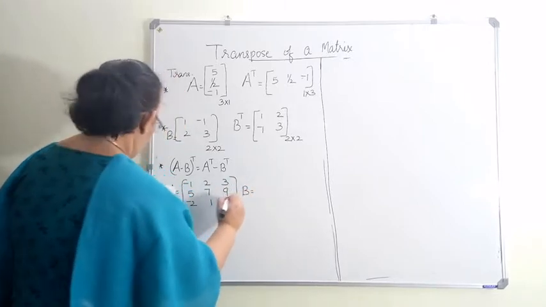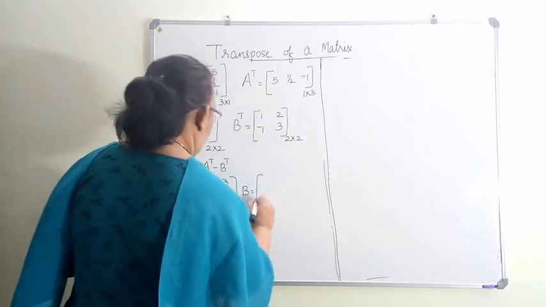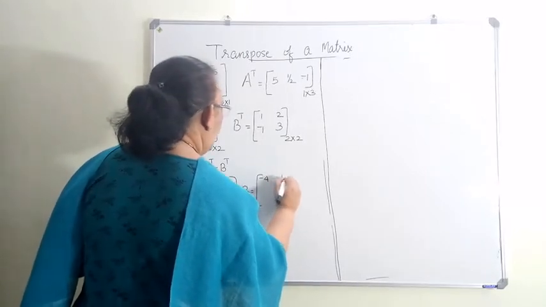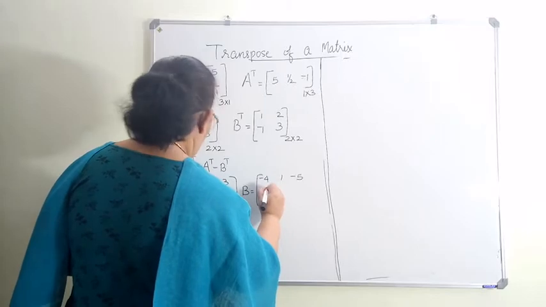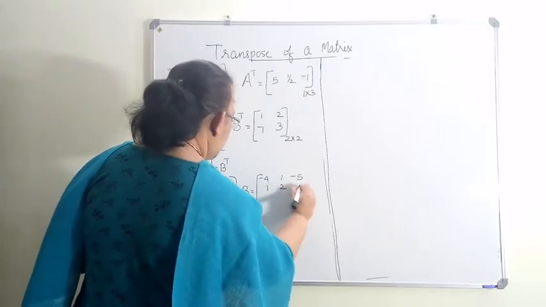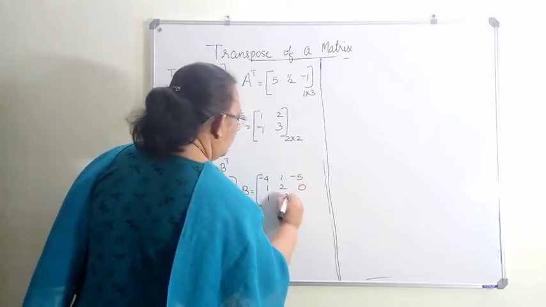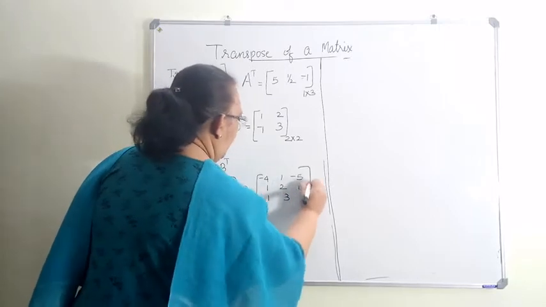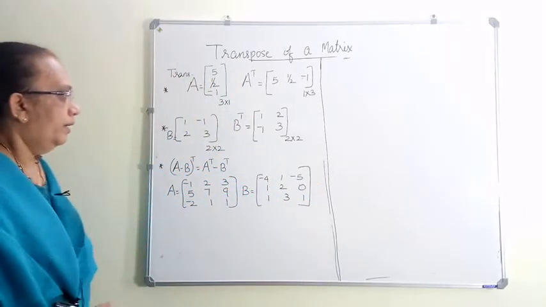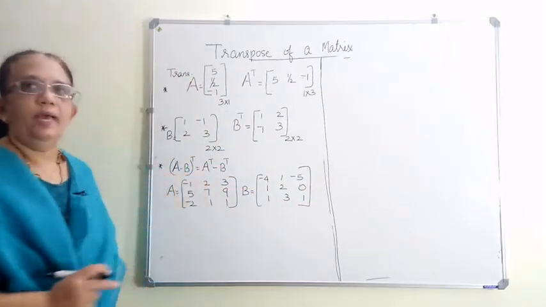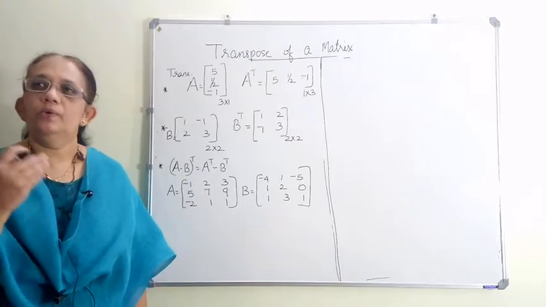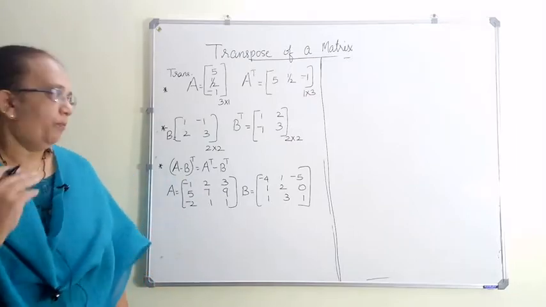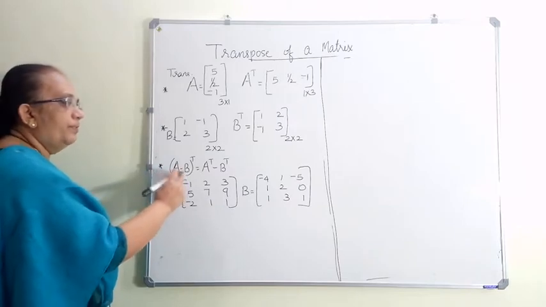B is equal to -4, 1, -5, 1, 2, 0, 1, 3, 1. Now, this one property I have given you as an assignment, but now you are going to discuss it as a problem. You start from the LHS.